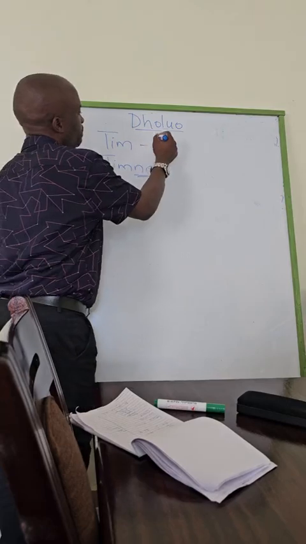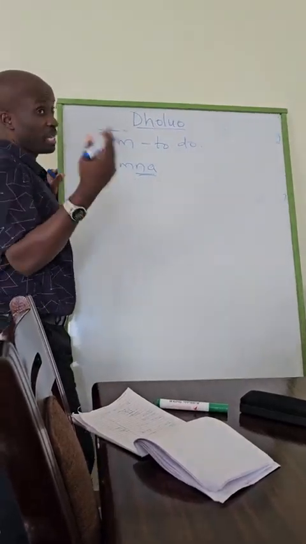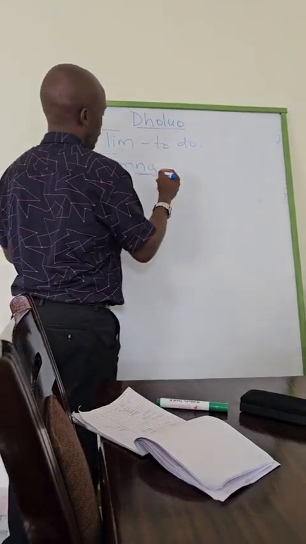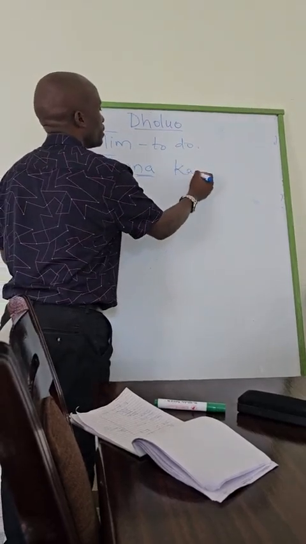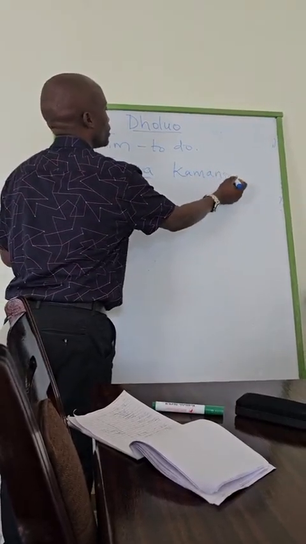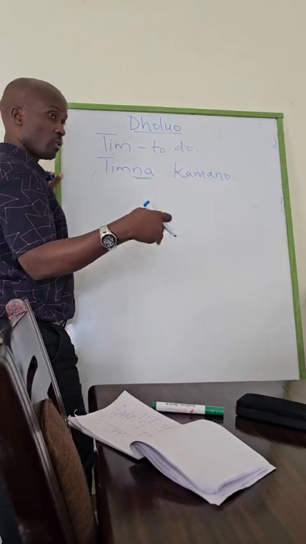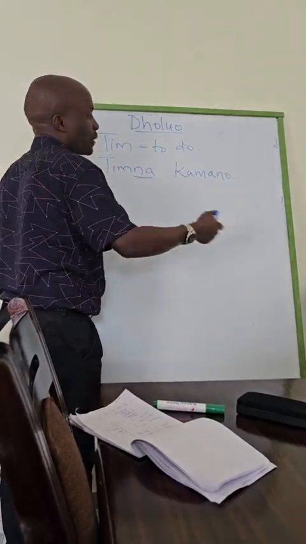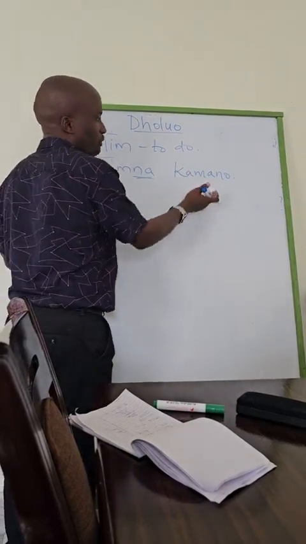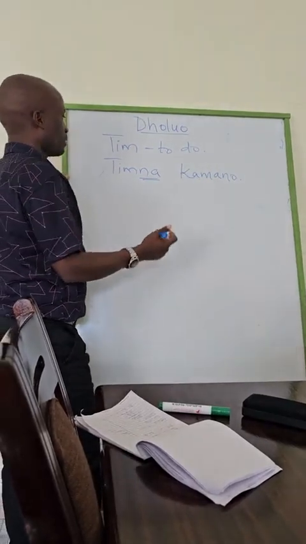So if we say "tim" means to do, I'm basically saying do for me. It can be anything, okay? I can say "timna kamano". Do for me like that, the way we have agreed. Kamano means as agreed, or the way it is, or the way we all understand. We have discussed it already. So we have agreed it's like that. Kamano simply means like that, okay?